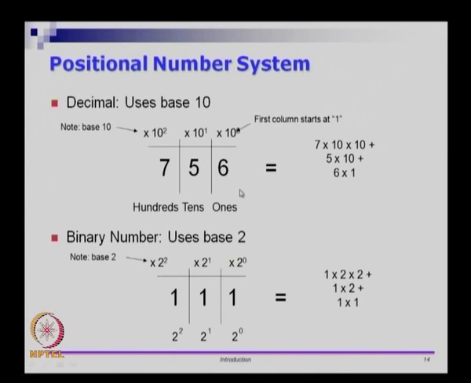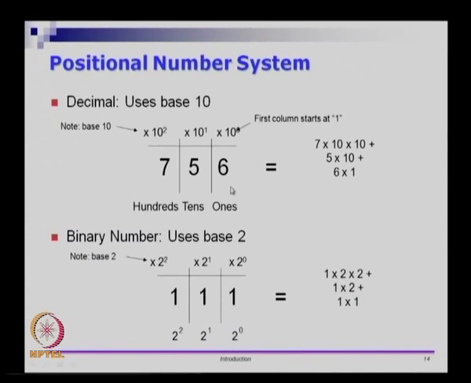If I give you 756, you can read it as 756. If I give you 7564, you may read it as 7564, but if I give you 10 digits, you do not usually start from the left side. You usually start from the right side. You say the rightmost digit is for ones, the next digit is for tens, then hundreds, thousands, 10,000s and so on, right.